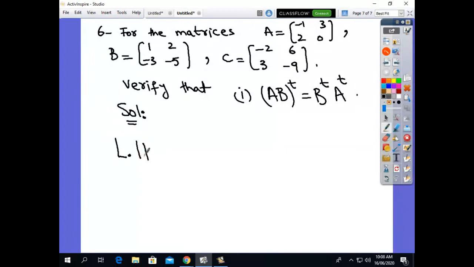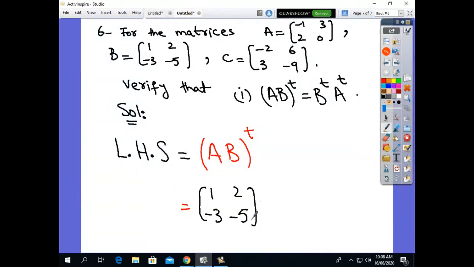The left hand side is (AB) whole transpose. Here we take first of all A, which is 1, 2, -3, -5, then matrix B, which is -1, 3, 2, 0, and taking whole transpose on it.